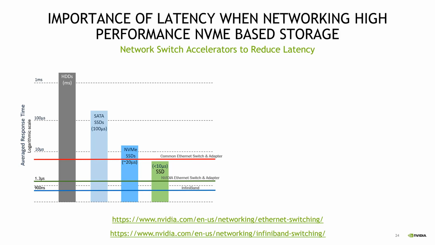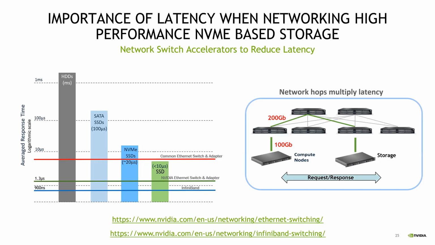Here is the combined latency of some common Ethernet switches and NICs compared to the performance of different NVMe SSDs, and NVIDIA Ethernet and InfiniBand NICs, HCAs, and switches. Both can run NVMe over fabrics, but ours are designed with the latency reduction acceleration needed to get the most out of NVMe-based high-performance storage.